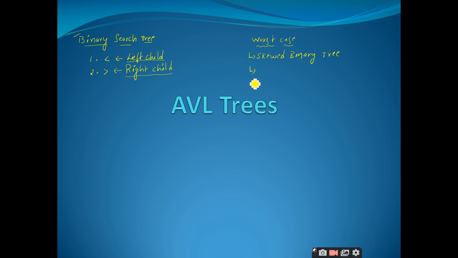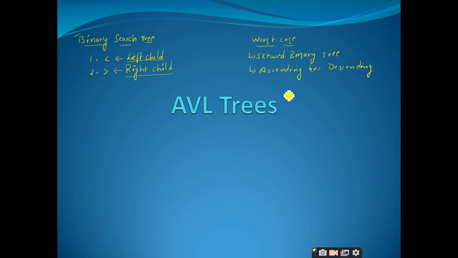While you are constructing a binary search tree, when do we get this skewed binary tree? When the elements are in ascending or descending order. Super, right. If the elements are arranged in the ascending order or the descending order, then we get the binary search tree as the skewed binary tree, right?